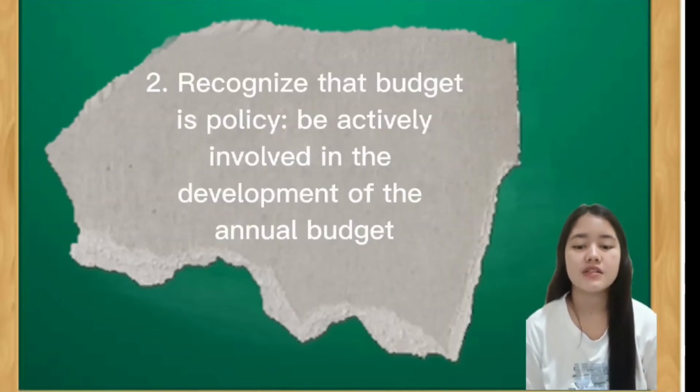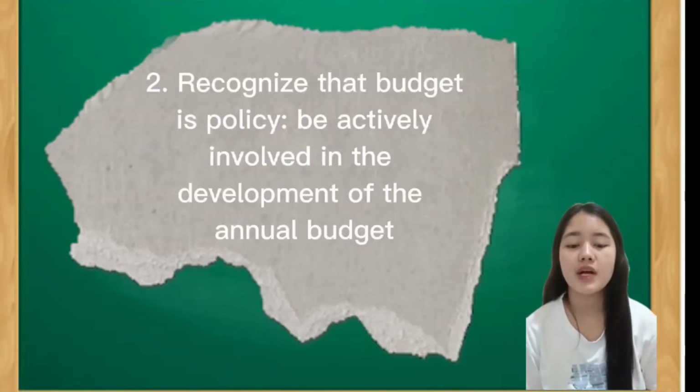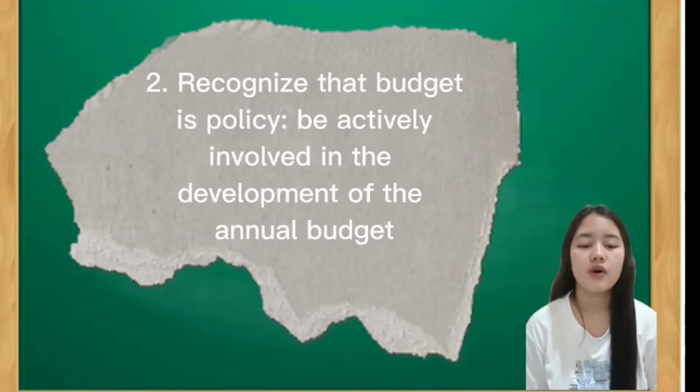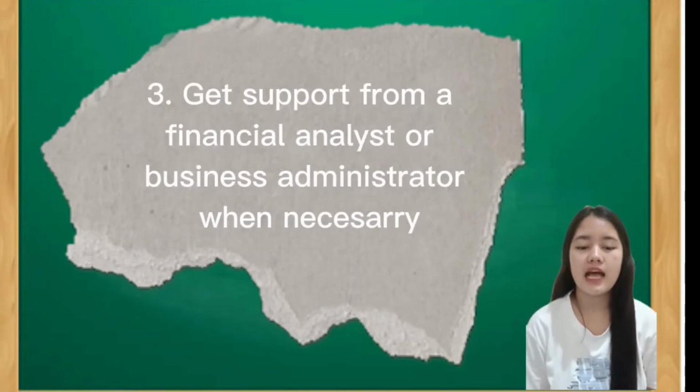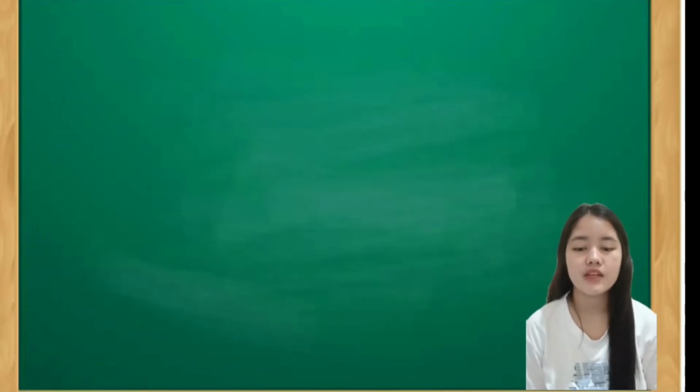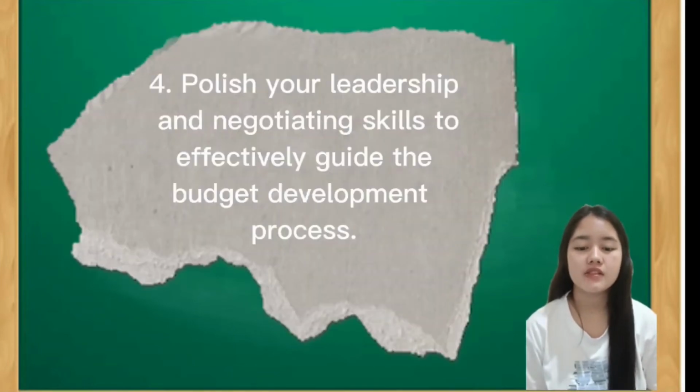The second one is recognize that budget is policy. Be actively involved in the development of the annual budget. Third, get support from a financial analyst or business administrator when necessary. Fourth, polish your leadership and negotiating skills to effectively guide the budget development process.